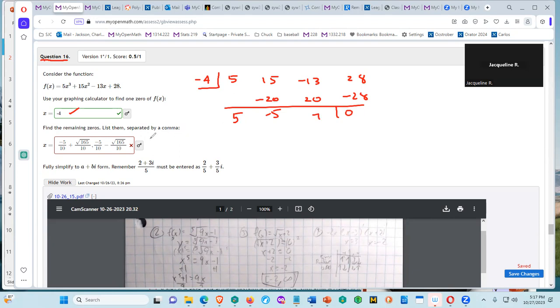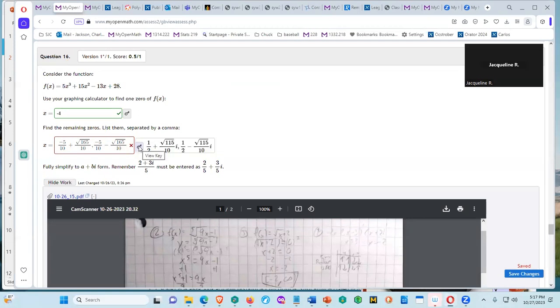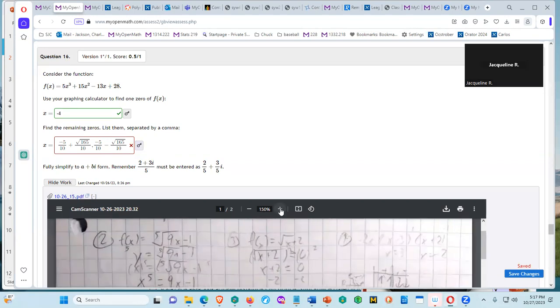I'm just going to look at your work and see what went wrong with that. I was just double checking right now, because I did do synthetic division also. I did get that. I think the factoring after the synthetic division is what messed me up.